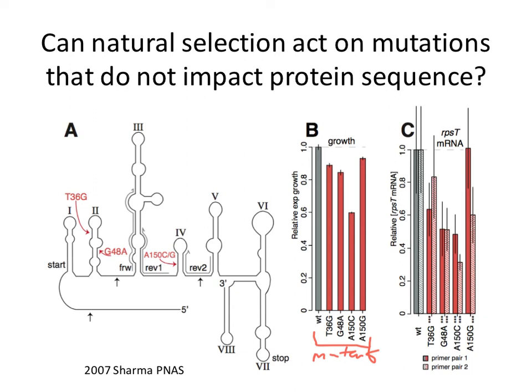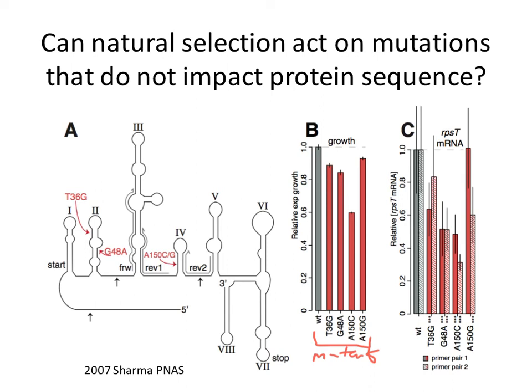Where's the A150C mutation? What's this? You might have seen figures like this before. What's true about RNA that's not true about DNA? Right, so RNA is single-stranded, but it's a nucleic acid, so it wants to base pair when it can.